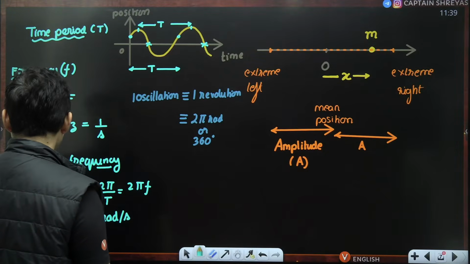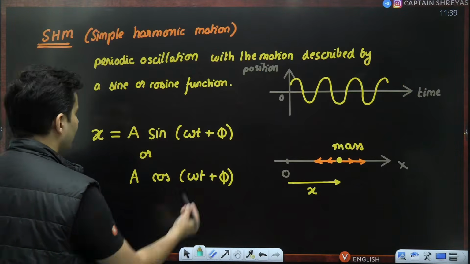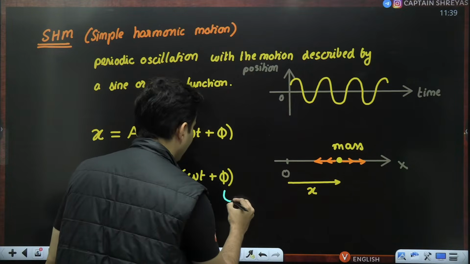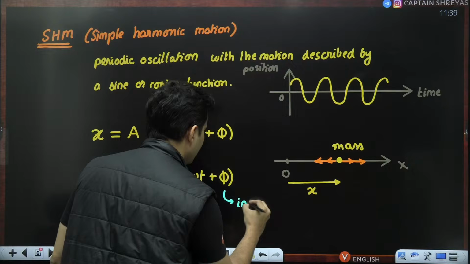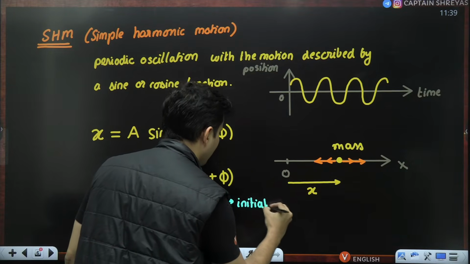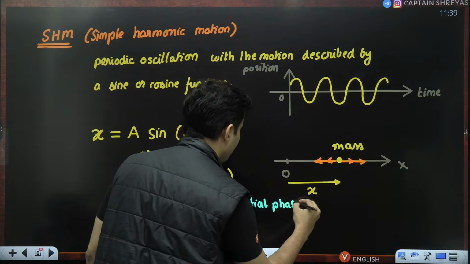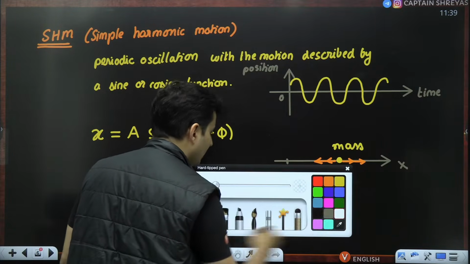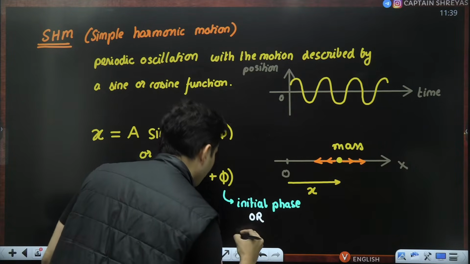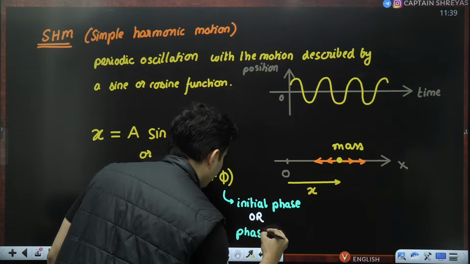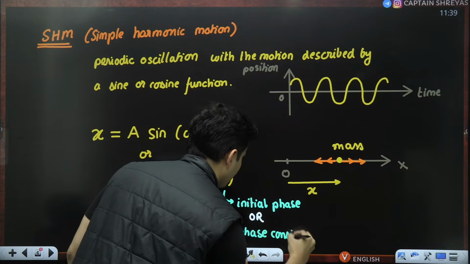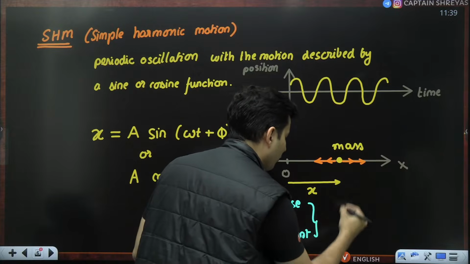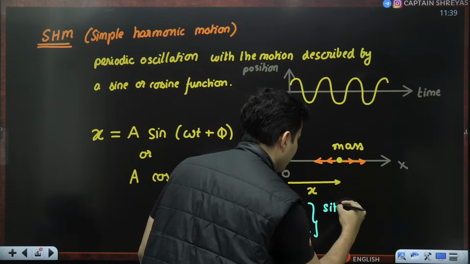So this particular phi is called the initial phase of the SHM. Sometimes it is also called just the phase constant. This tells me the situation initially.